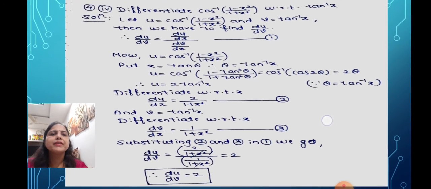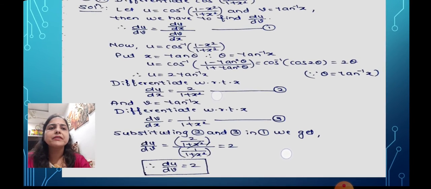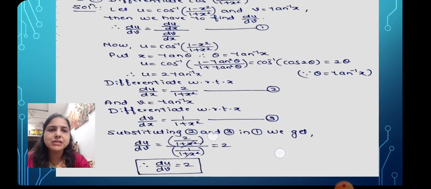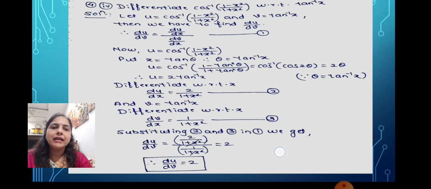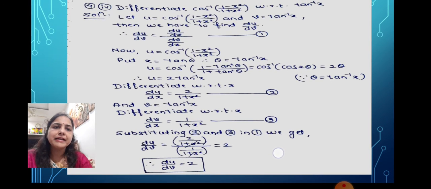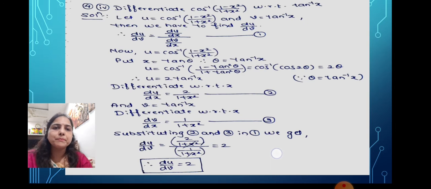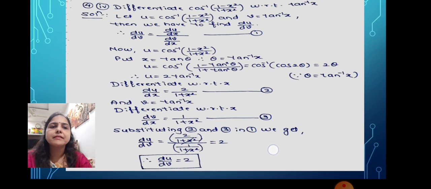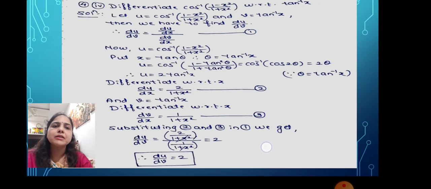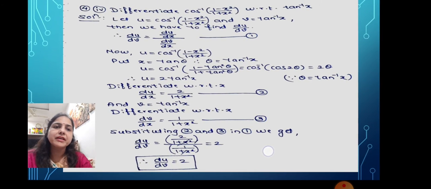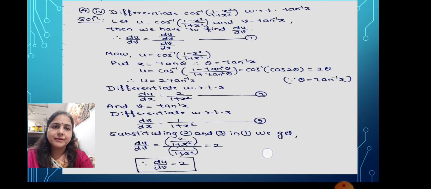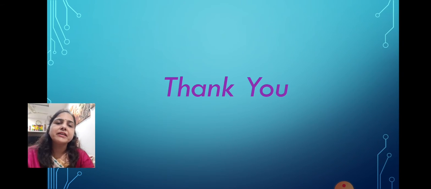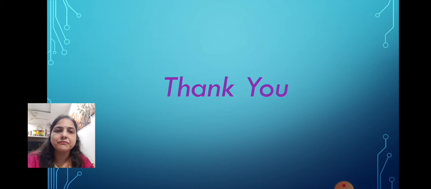So we get du by dv is, in the numerator 2 upon 1 plus x square, in the denominator 1 upon 1 plus x square. The 1 upon 1 plus x square in the numerator and denominator gets cancelled. So what is left? Du by dv is 2. So derivative of cos inverse of 1 minus x square upon 1 plus x square with respect to tan inverse x is 2. Okay. So this completes the differentiation of one function with respect to another function.